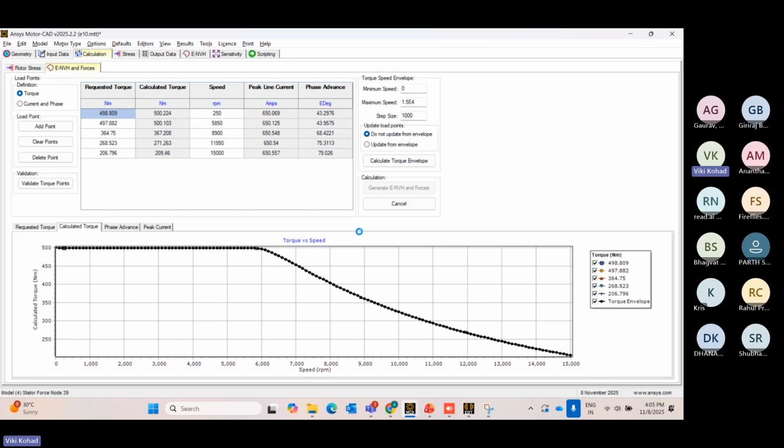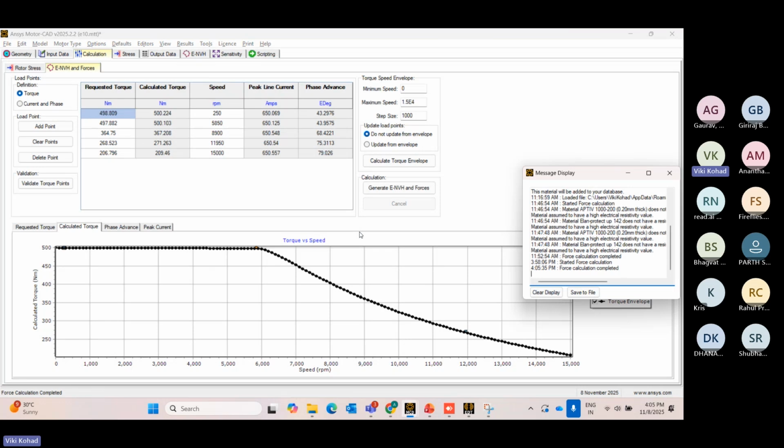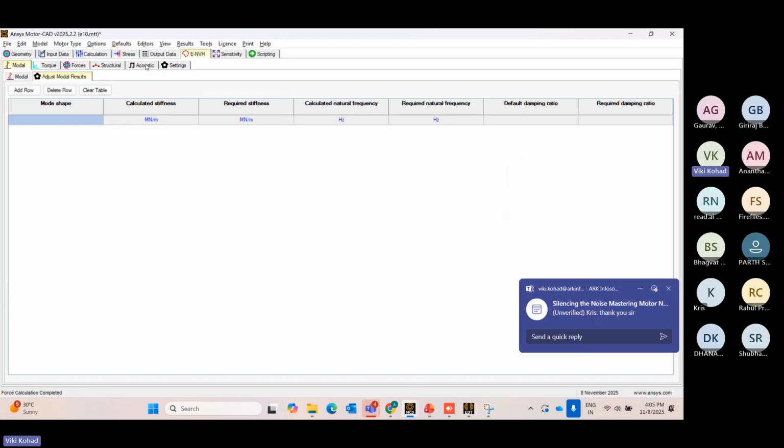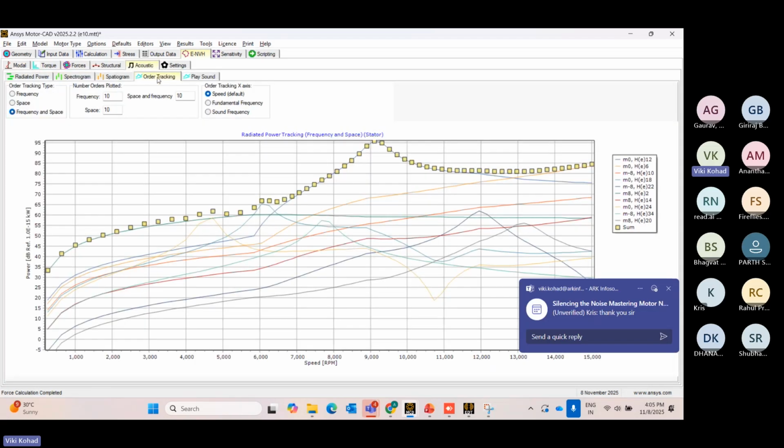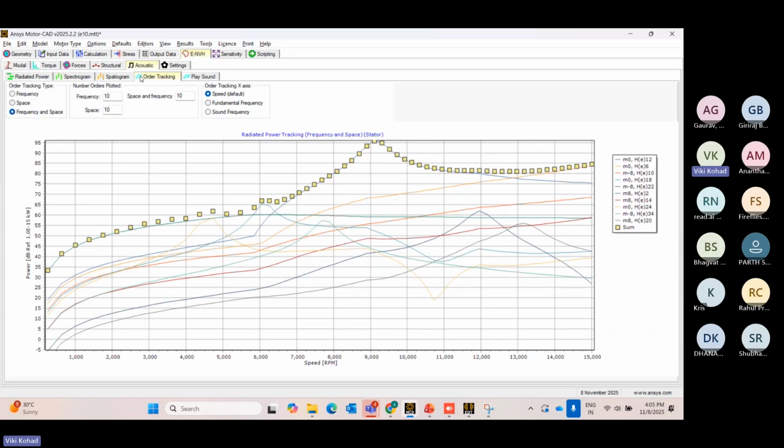Here you have to give the input values, whatever input current values you have, in the electromagnetic section. You can see the graph here.